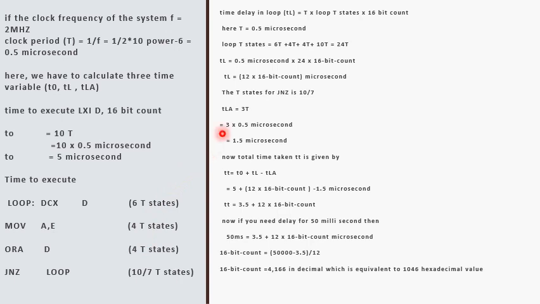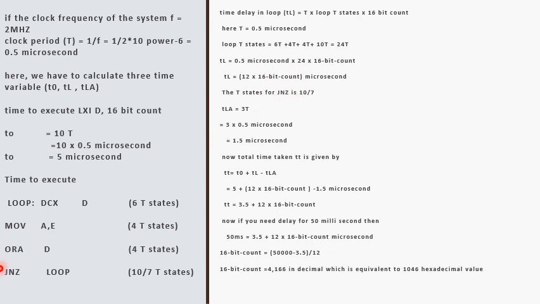So 0.5 microseconds into 24 into the 16-bit count value is nothing but the time taken by the program to execute within the loop, right? So TL is equal to 12 into 16-bit count microseconds.